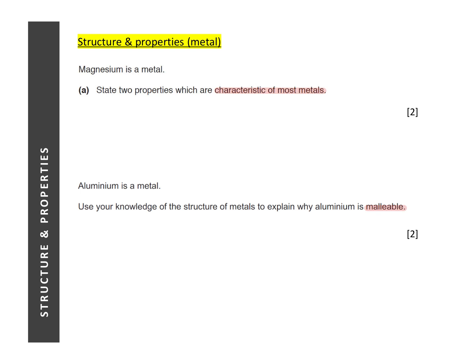Next, we go on to look at structure and properties related to metals. So over here we are looking at magnesium. They require you to state two properties that are characteristic of most metals. Okay, so metals have a variety of physical properties.